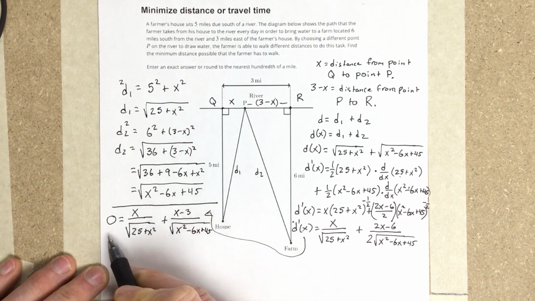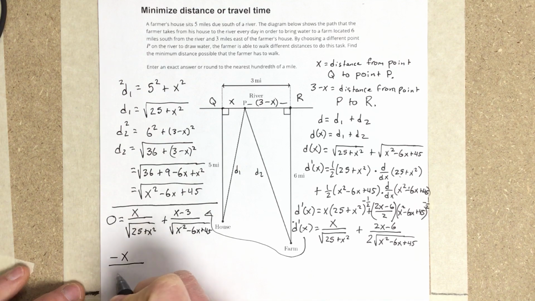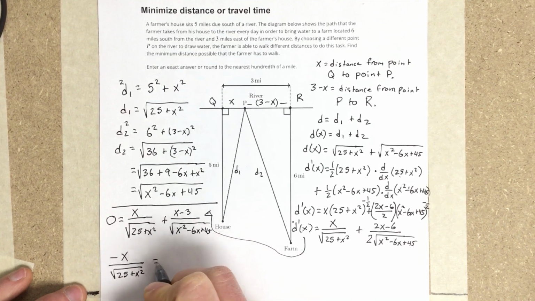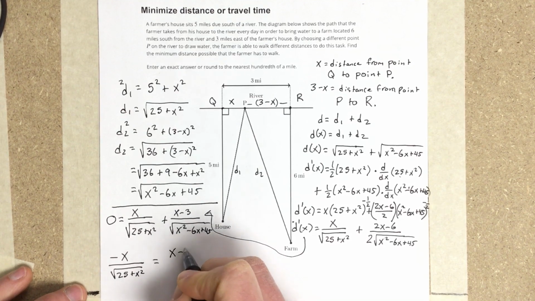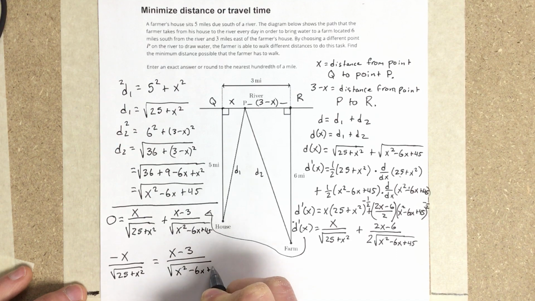We're going to subtract this piece over, and we end up with negative x over root 25 plus x squared is equal to x minus 3 over root x squared minus 6x plus 45.